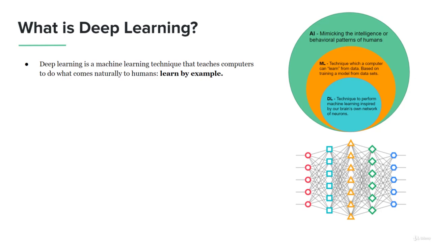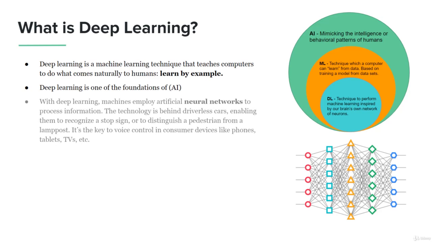And then deep learning is a technique to perform machine learning inspired by our own brain's network of neurons. We talked about deep learning being one of the foundations of AI. Artificial intelligence is kind of a buzzword that's been thrown around, but it's really more of a hierarchy of different sets of terms. And within AI, there's machine learning and deep learning, which we just went over.